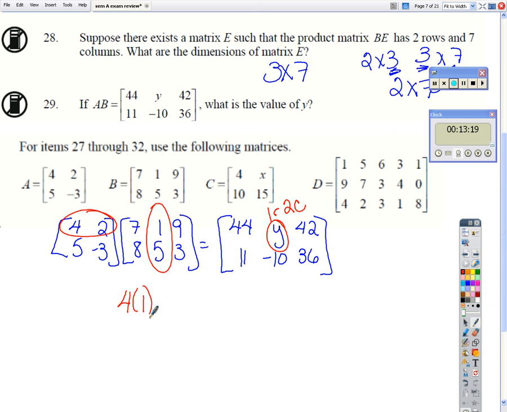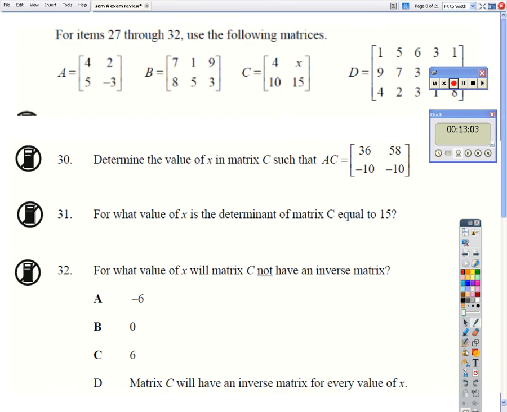Remember the song for multiplying matrices? So when we add these together, 14 is Y. So we're going to use the same kind of process for 30.